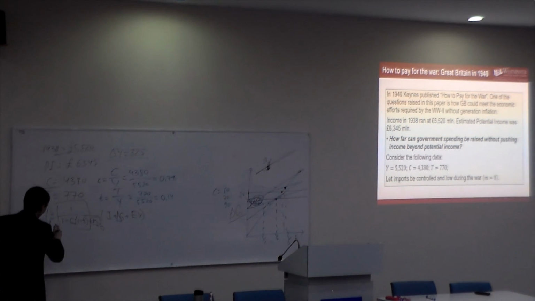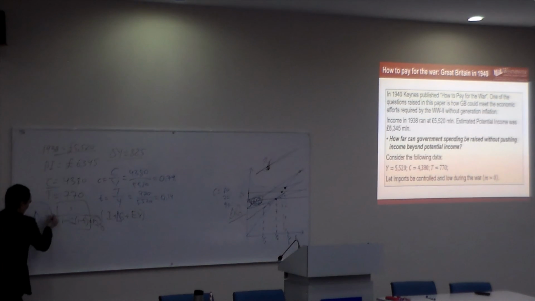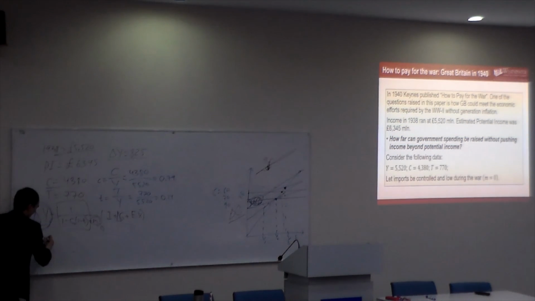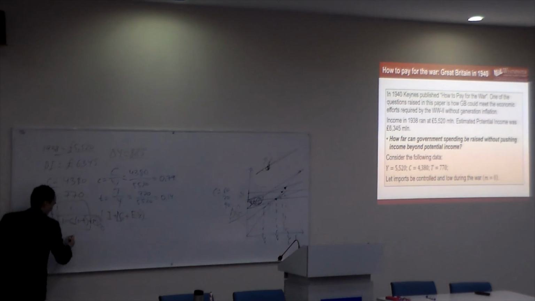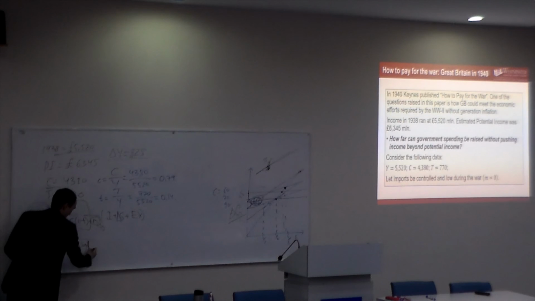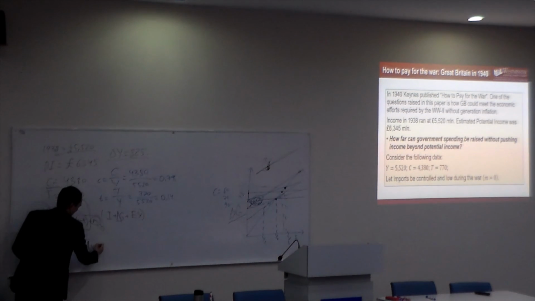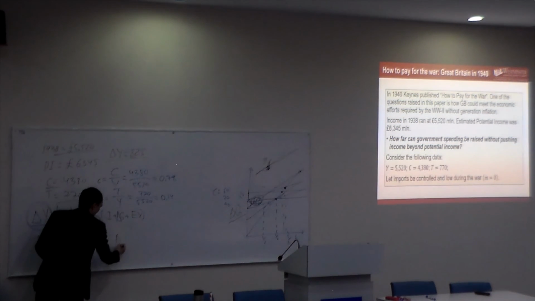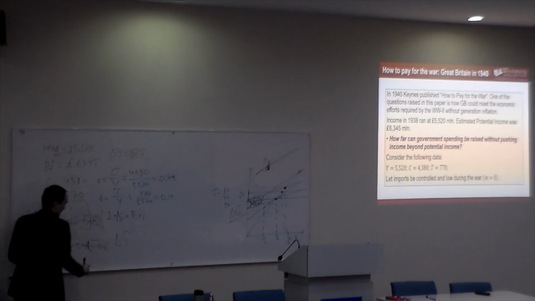So now, if you plug it in, the change we are going to expect must be 825. 825 equals 1 over 1 minus 0.79, okay? Times 1 minus tax rate, which is 0.14, times change in government spending.